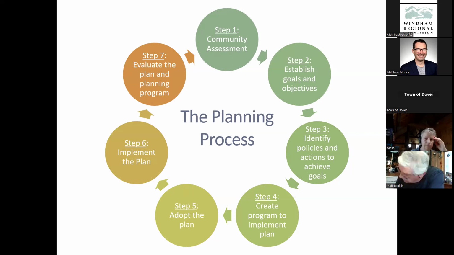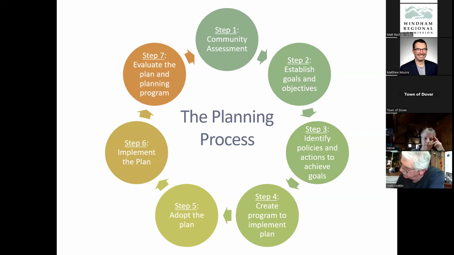So you're starting to identify what the issues are and the opportunities, and then you can start creating goals and objectives. And then step 3 is identifying specific policies and action steps to help achieve those different goals and objectives.